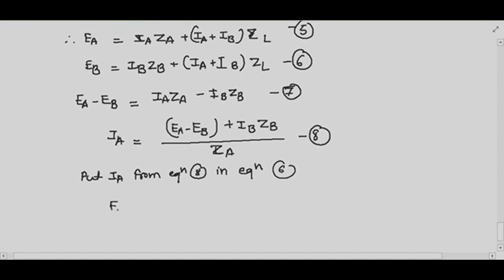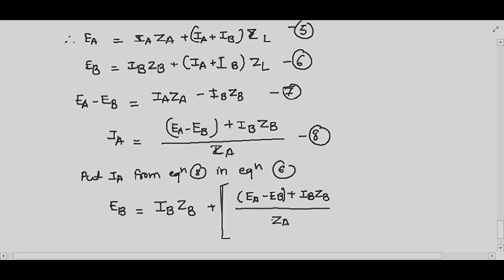EB equals to IBZB as it is, plus in bracket I can write down EA minus EB plus IBZB upon ZA, plus IB into ZL.